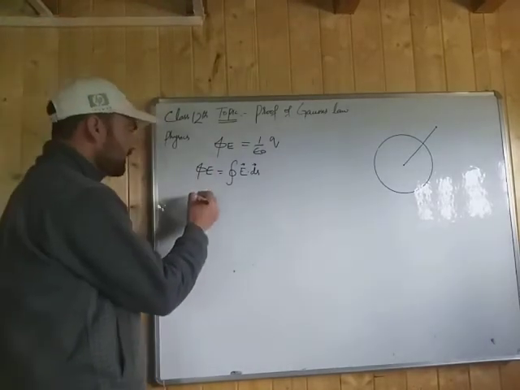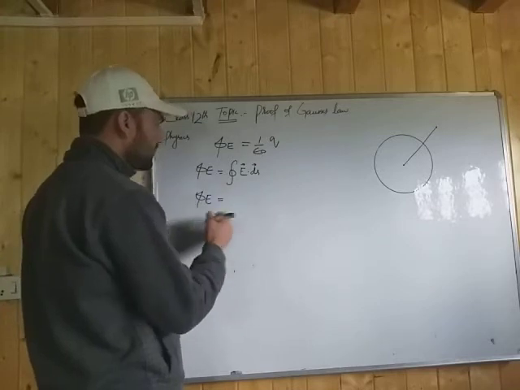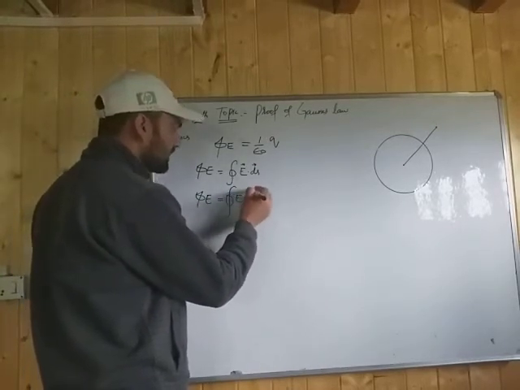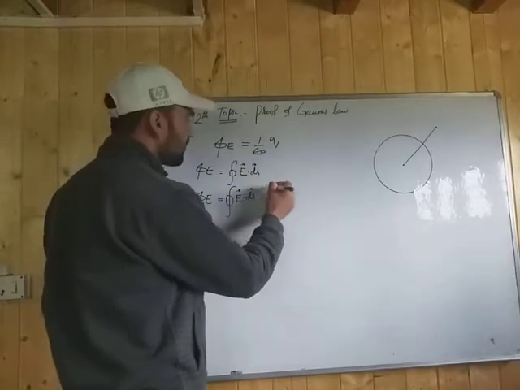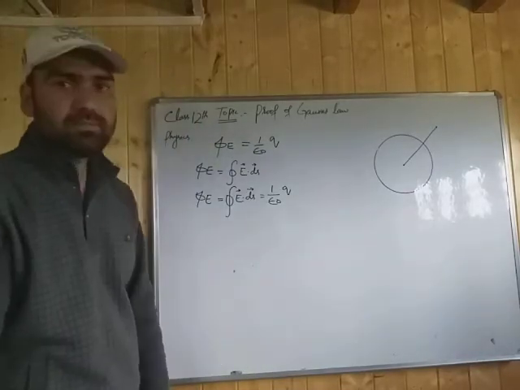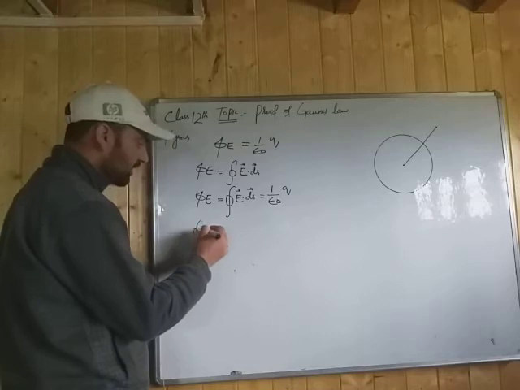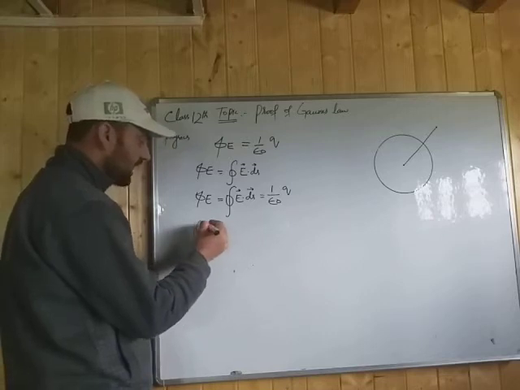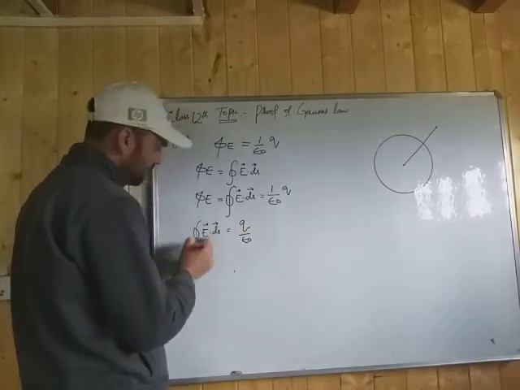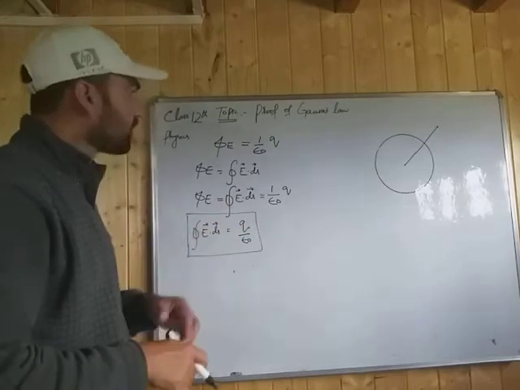So we can write the closed integral of E dot ds is equal to 1 divided by epsilon naught times the net charge enclosed by the surface, or in this way, closed integral of E dot ds is equal to q divided by epsilon naught. So we have to solve and derive this, and that is the proof of Gauss's law.